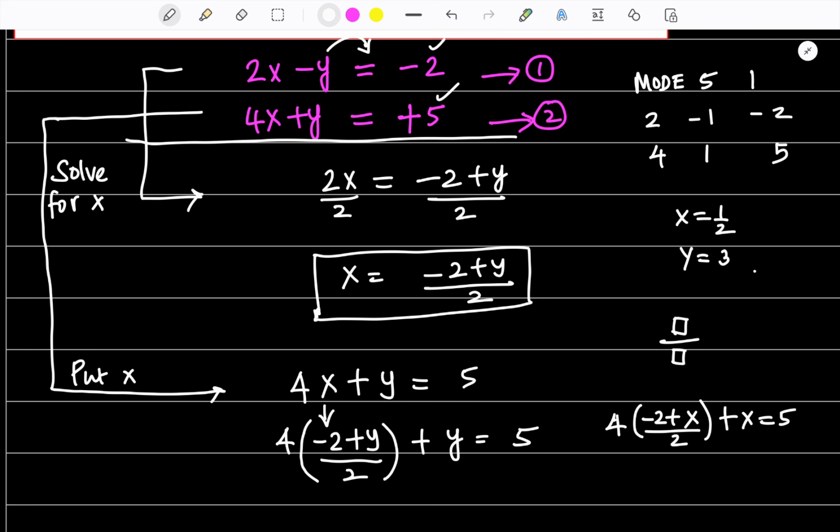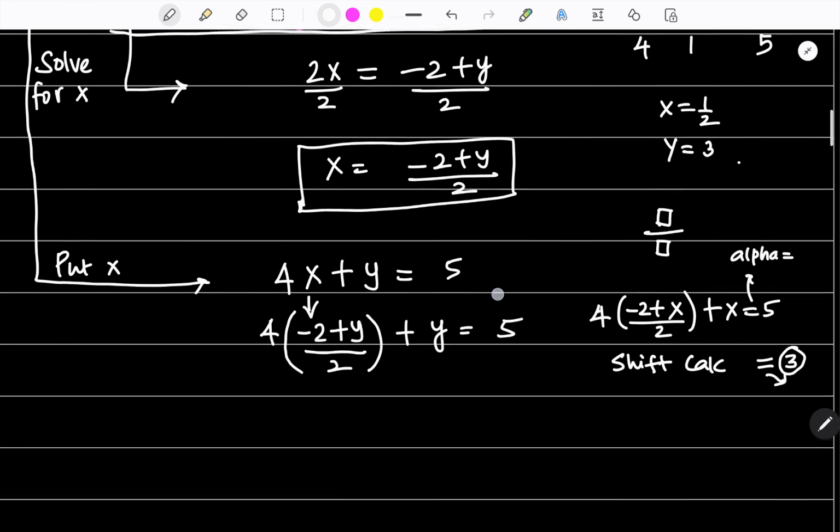Plus alpha x, and then alpha equal, which is on the top, which is 5. Then use shift, calc, and then equal, which is on the last row. I'm getting 3. So we must get 3.